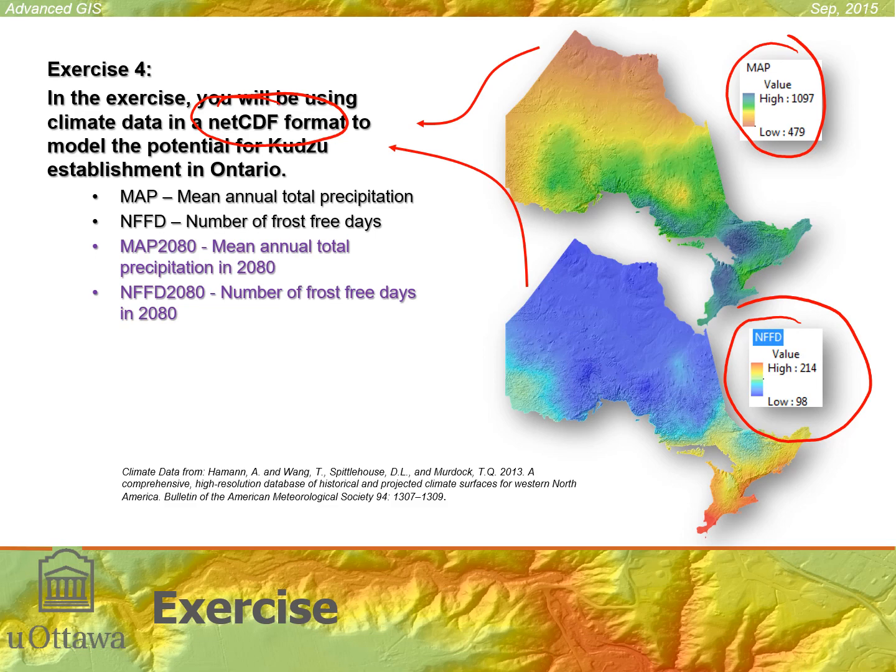And you'll use fuzzy membership or fuzzy logic to undertake that modeling process to find out which areas in Ontario under a future climate scenario, which these are coming from, would be good places for the establishment and propagation of kudzu. So things to look out for in the future. In our case, 2080 is the year for the data that is provided.